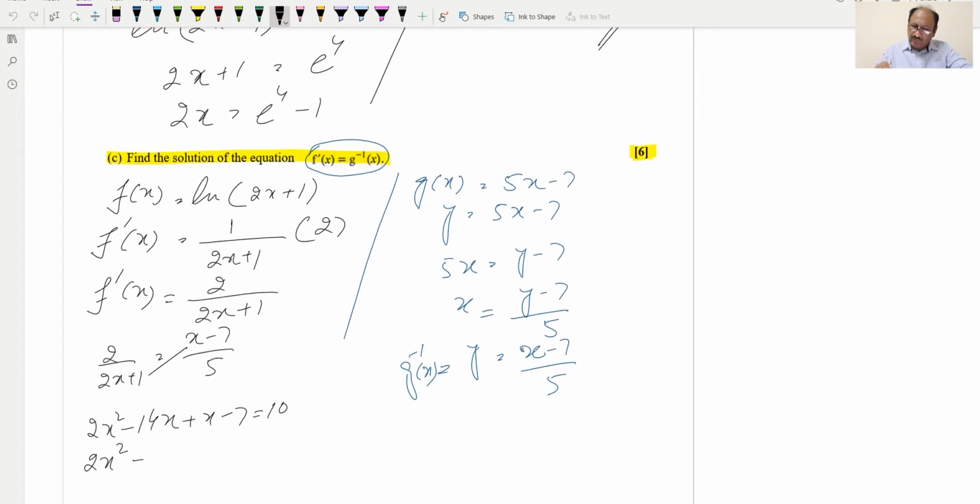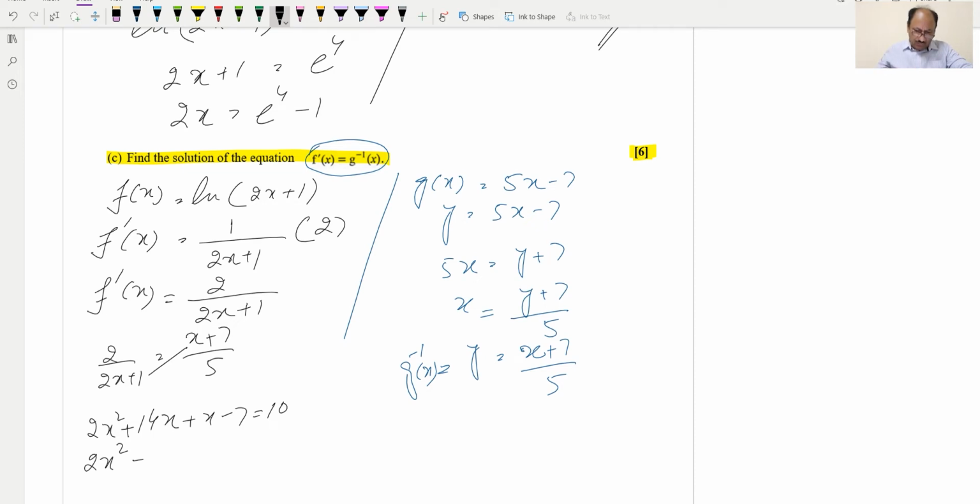So 5x will be equal to... this should be plus here because we are shifting. So I'm just rectifying this mistake, and this will be plus, this will be plus, and this value will also be plus.